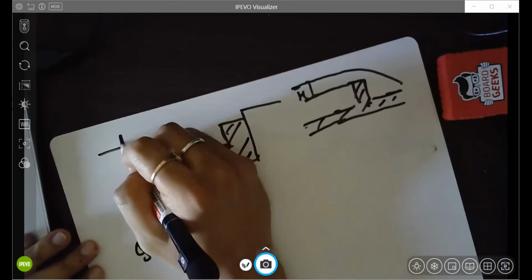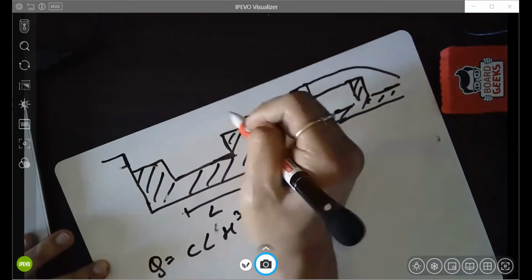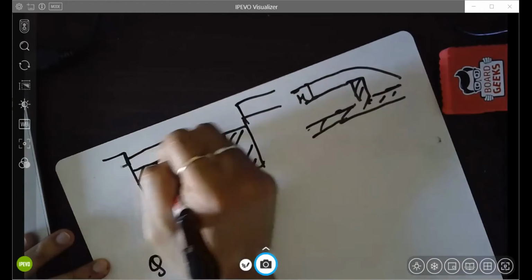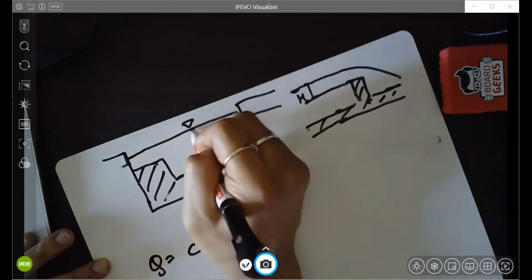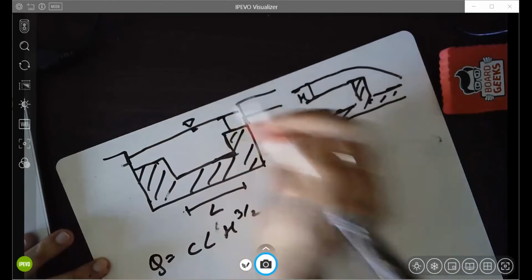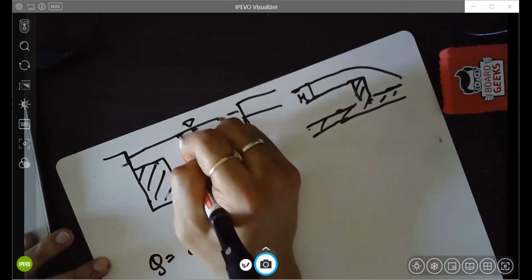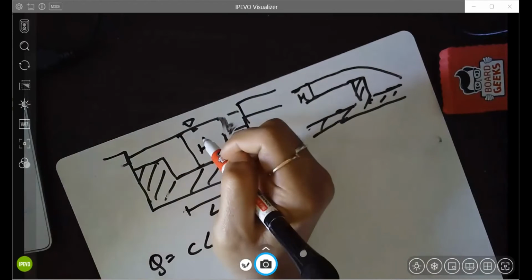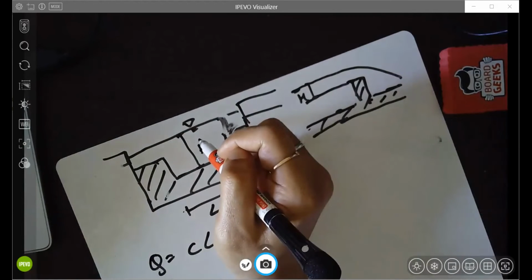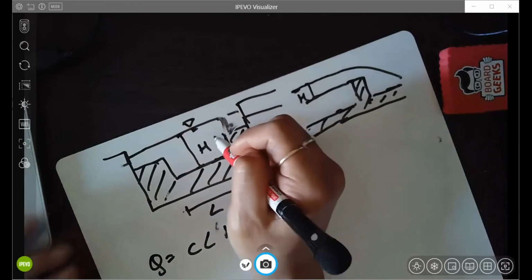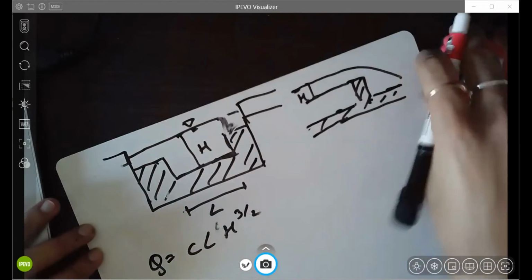Basically, if this is the water surface, H is this much. Wait, no, sorry. H is this much.